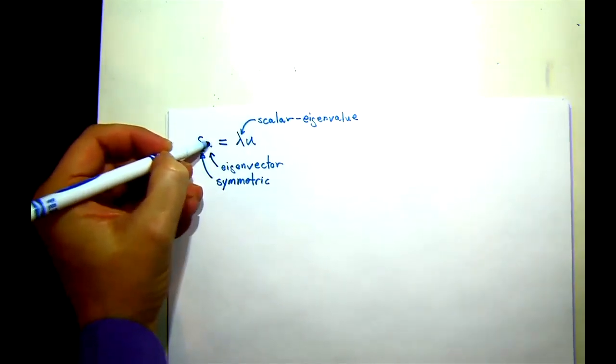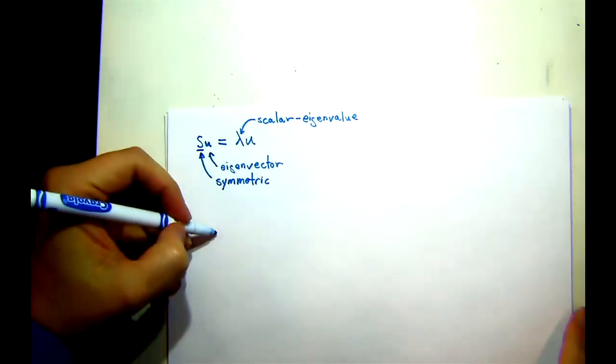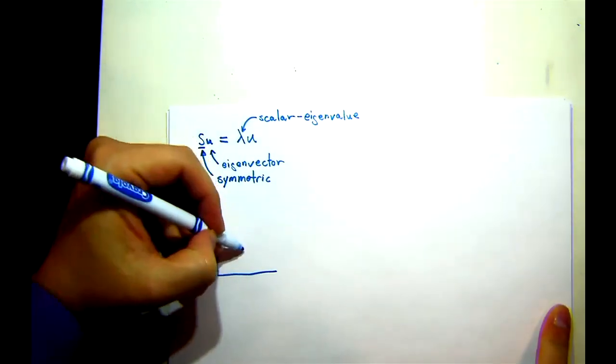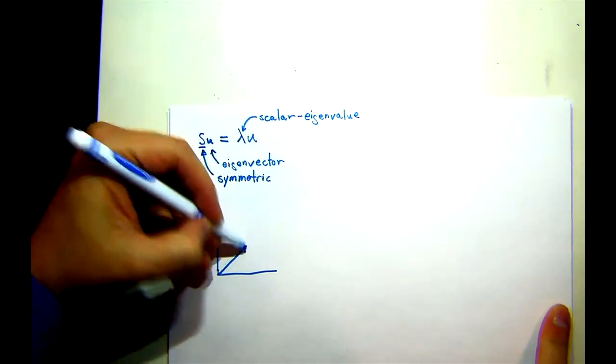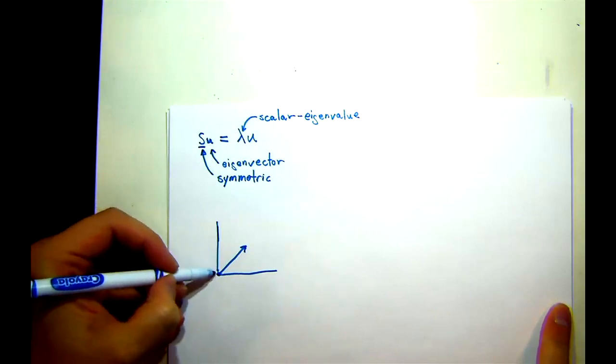The u's are the vectors that after that transformation have been resized, but they point in the same direction. So if you think about it two-dimensionally, if you have some vector in this space, let's just draw it like that, and you apply S, you're going to get some new vector.